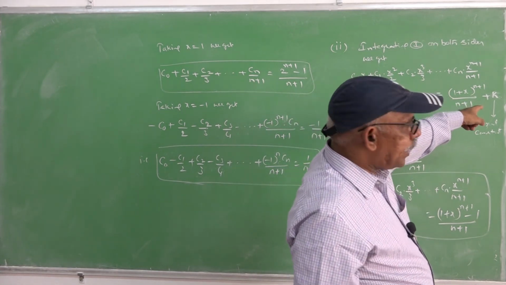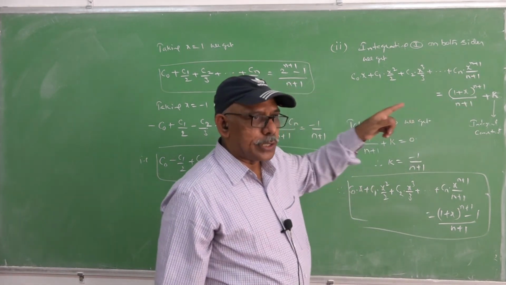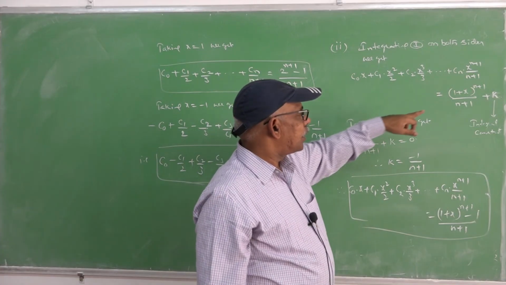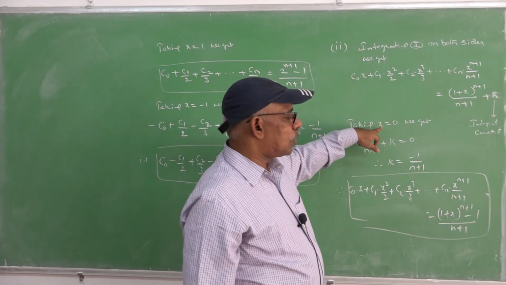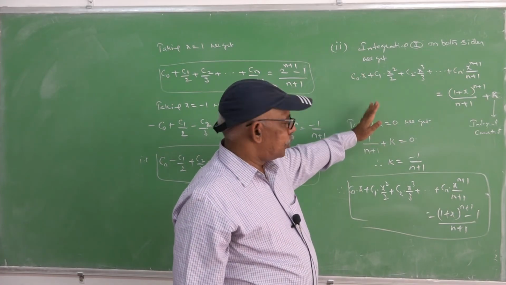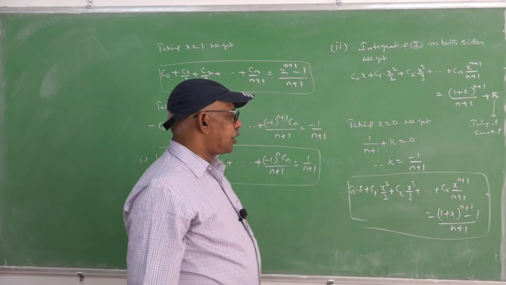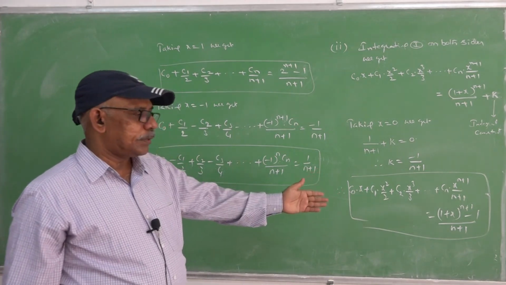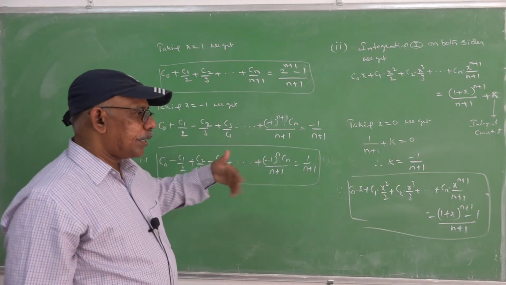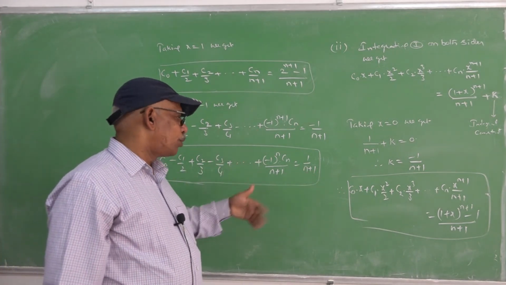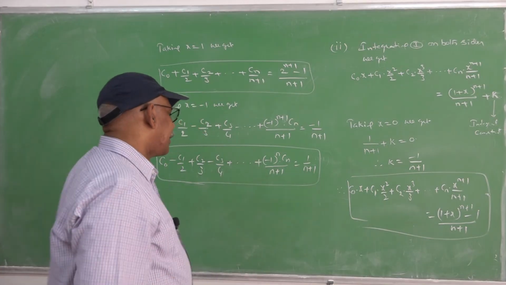Particularly, you have to find the integral constant once it is integrated, by taking x equal to 0, the initial value, where k takes the value minus 1 by n plus 1. Introducing that k, we get that result. Based on that result, by taking x equal to 1, minus 1 and 2 like that, you get different results.